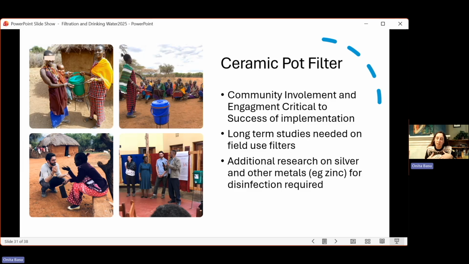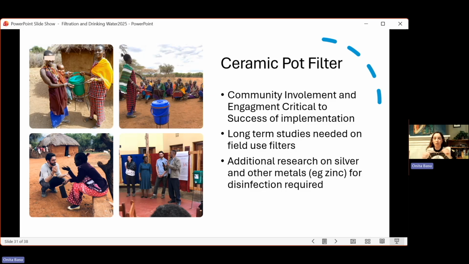But in a low and middle income country, especially with point of use devices, it's critical that you work on community engagement, because without the community engagement piece, nothing else matters anyways. So that's a super important part.